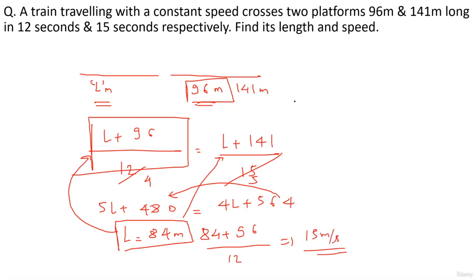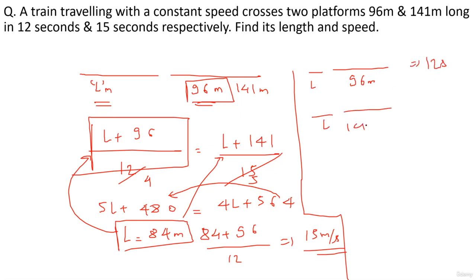Okay. Now, guys, there is a much quicker way to solve this question. Look, for the 96 meters long platform, the train is taking 12 seconds, right? And for the 141 meters long platform, the train is traveling for 15 seconds. In both cases, it will of course cover its own length, so forget that for the time being. What is the additional distance traveled?